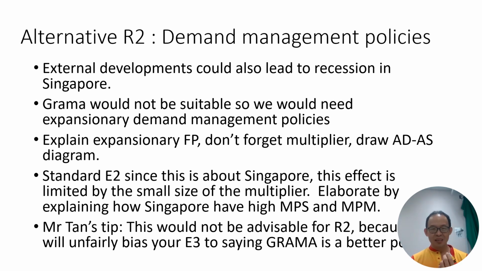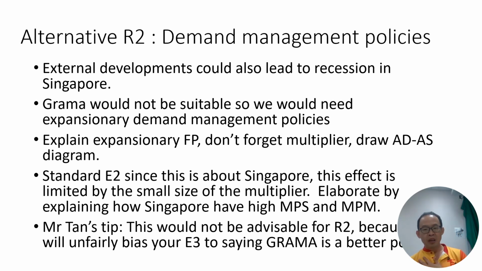So for this question, since you are facing recession, you may want to use expansionary FP. If you use this point, you should explain the multiplier, draw the ADAS graph. Your standard E2 will be that in Singapore, our multiplier is small, and you want to focus on the fact that our MPS is high, our MPM is high, with good explanation.